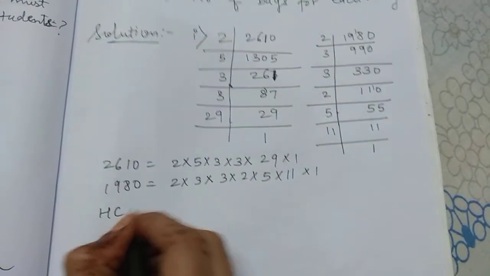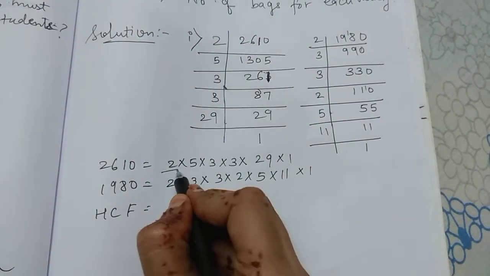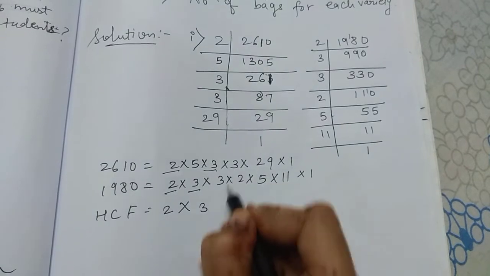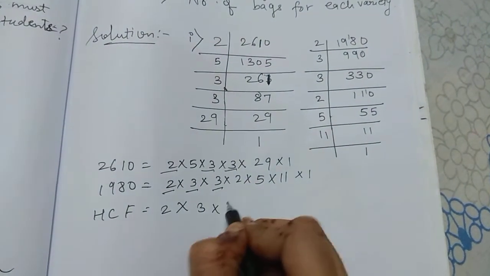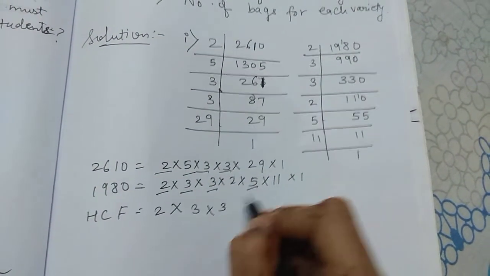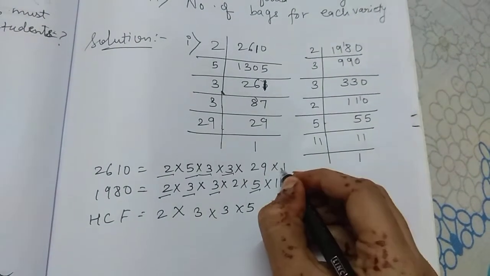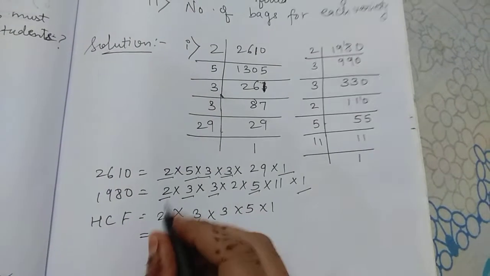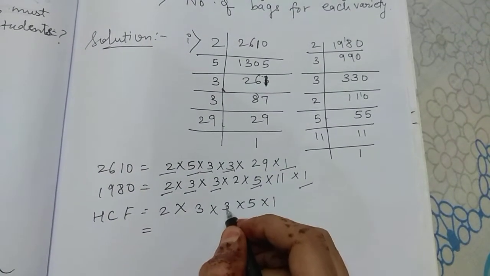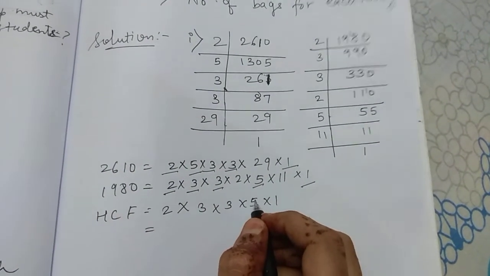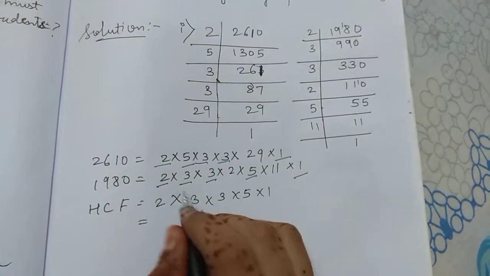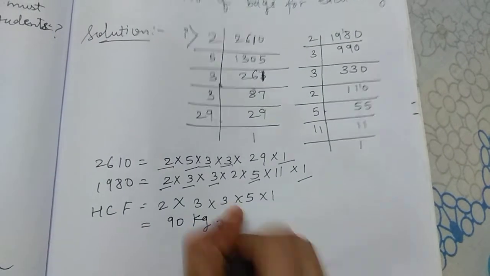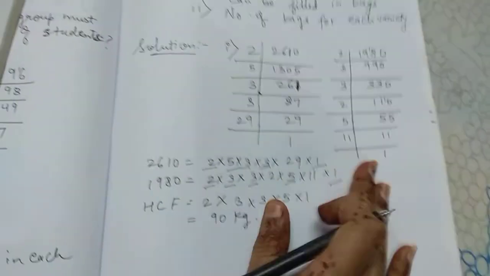So HCF: 2, 3, 3, 5 and 1. Answer is 2 3s are 6, 6 3s are 18, 18 5s are 90. Okay, so first question is done.